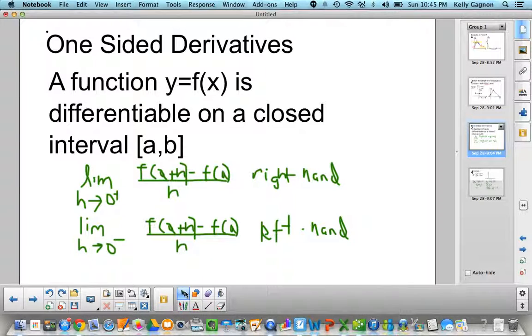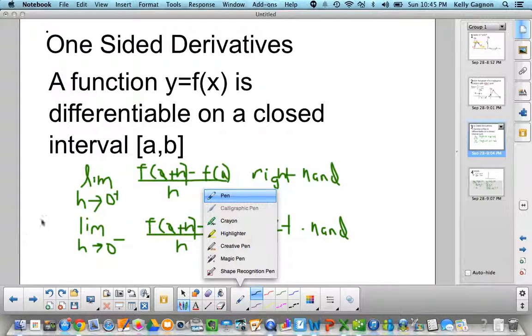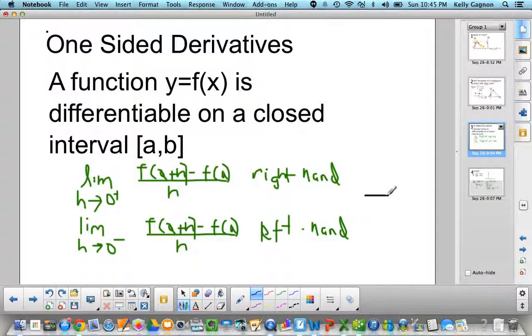A function is differentiable if the limits from the right and the left hand are equal to each other. So I'm going to put a big equal sign here. These need to be equal. The right-hand limit and the left-hand limit need to be equal in order for it to be differentiable on an interval.